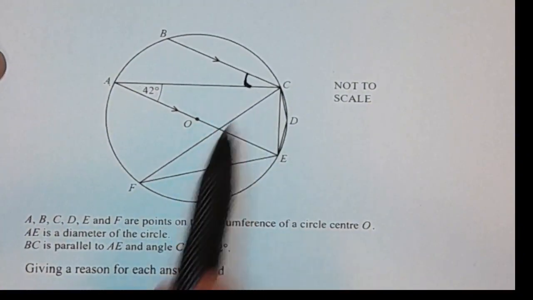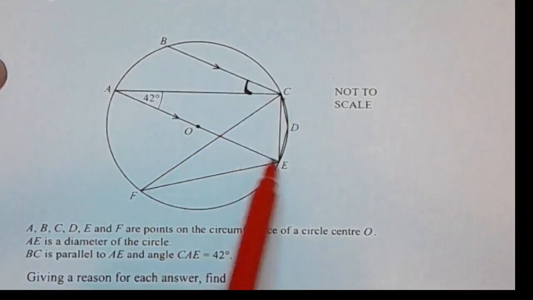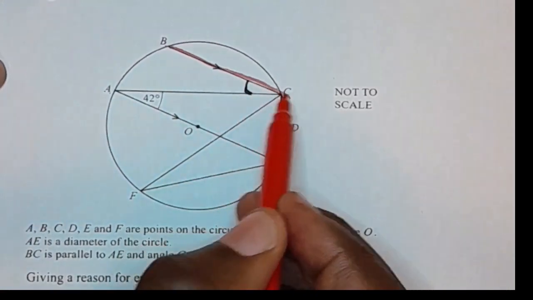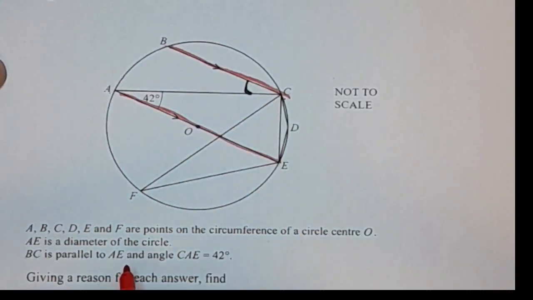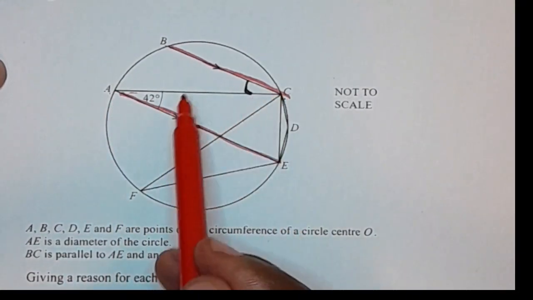is this one. Since they are saying BC and AE are parallel lines, this line will act as a transversal.